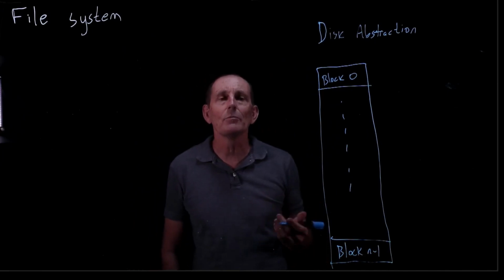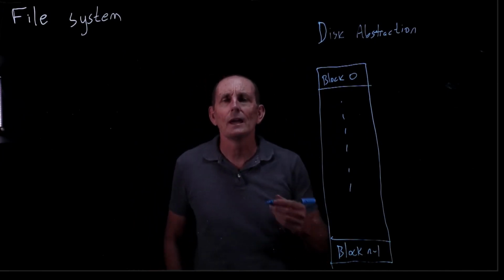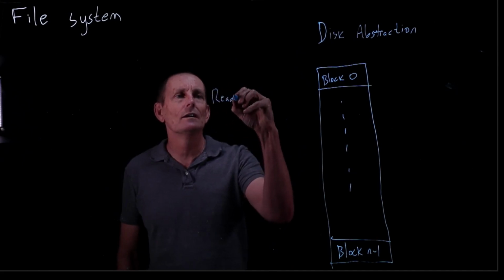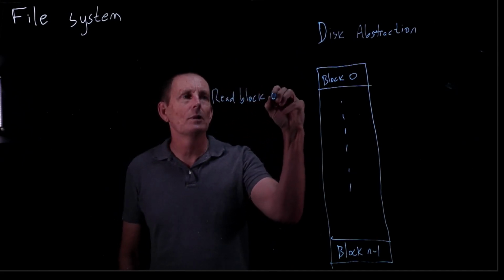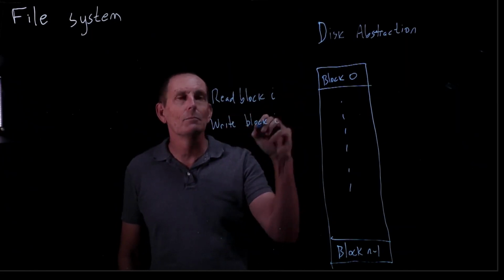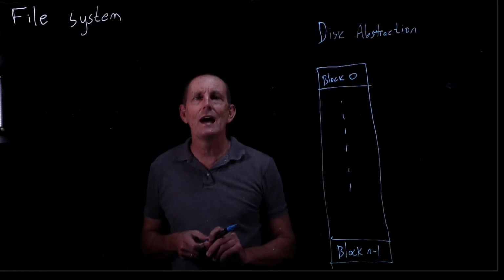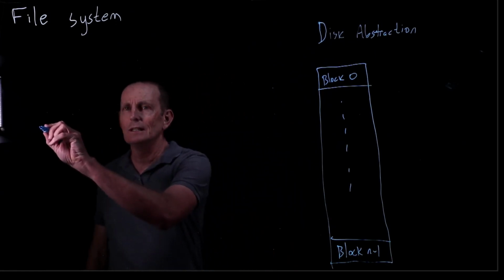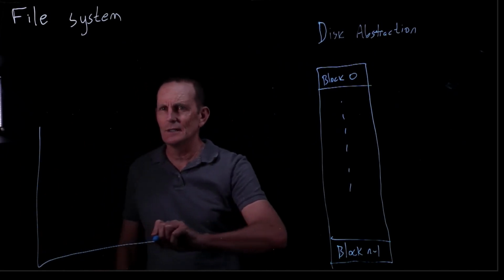Commonly, a block might be 512 bytes or 1024 bytes. And then the only operations we have are read block i, and write block i. And let's look now at file system metadata. So that's different from file metadata. Let's say we've got the disk.